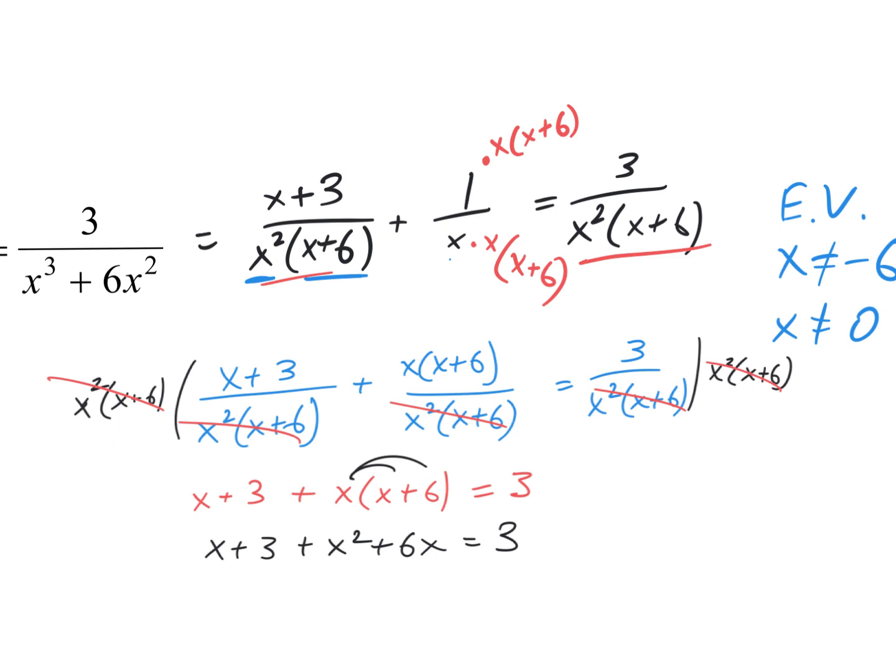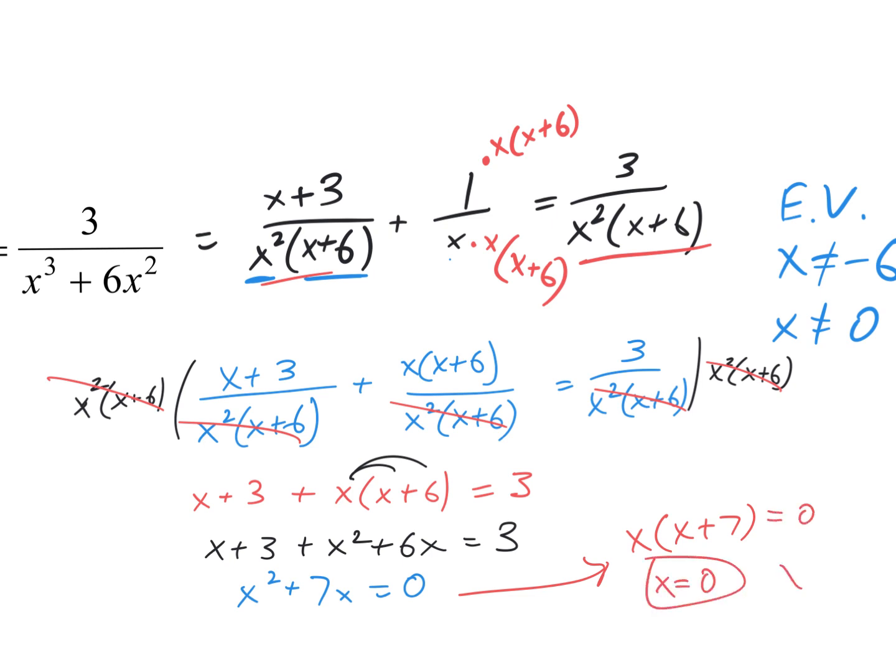And we end up with something that's fairly simple: x squared plus 7x equals 0. Now let's go ahead and solve this by factoring. If you factor this piece, you get x times x plus 7 equals 0, and you get x equals 0 and x equals -7.